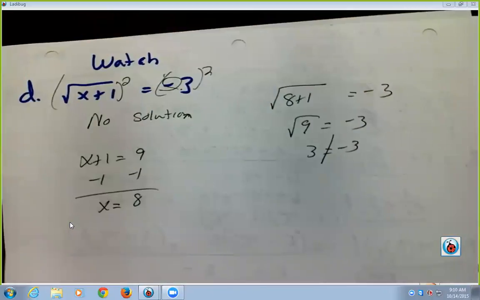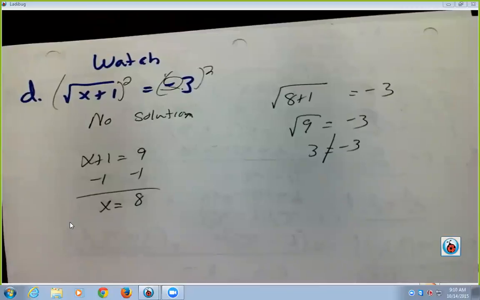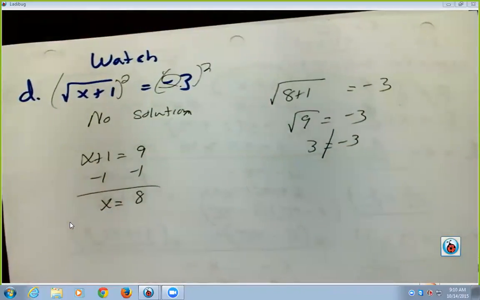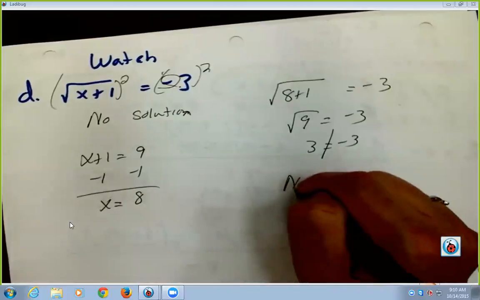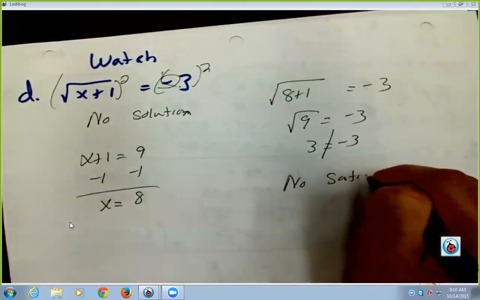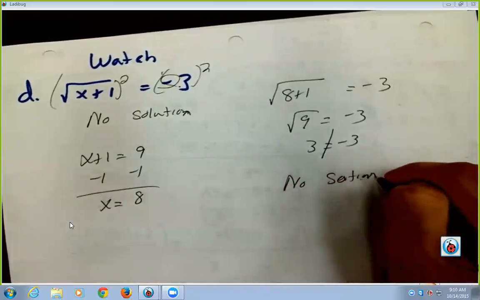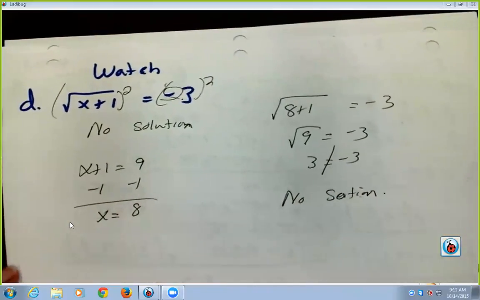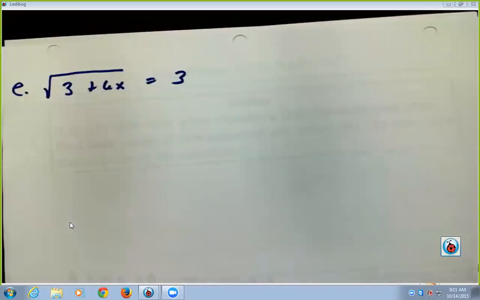So even if you can't remember that you can never have a square root equal to a negative, if you go through your whole process and you check it, you're still going to end up with no solution. Okay, so you want to just remember that. You just go through your process and see what happens with that and check it.